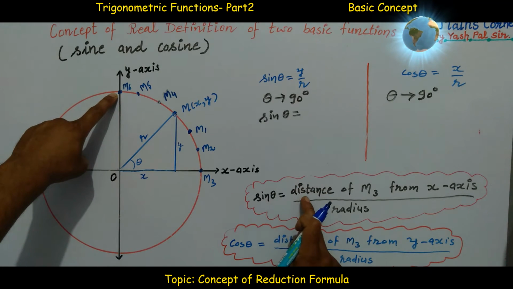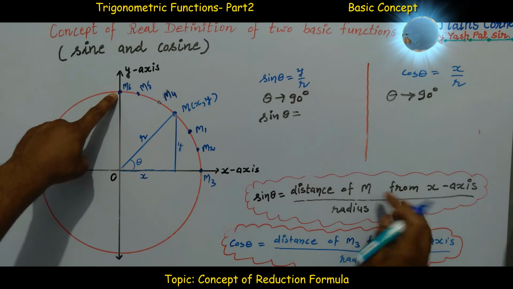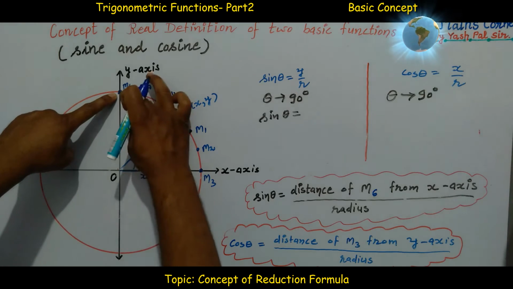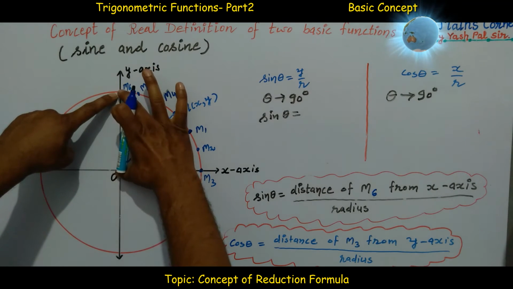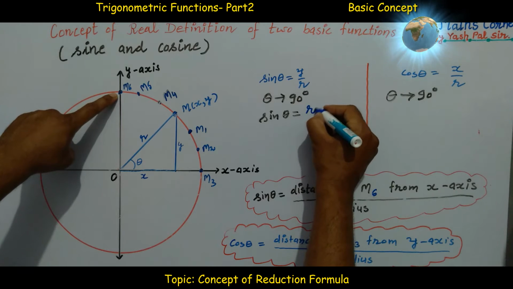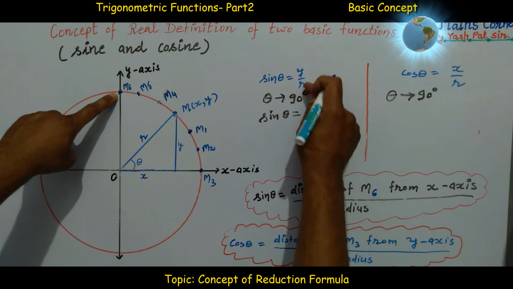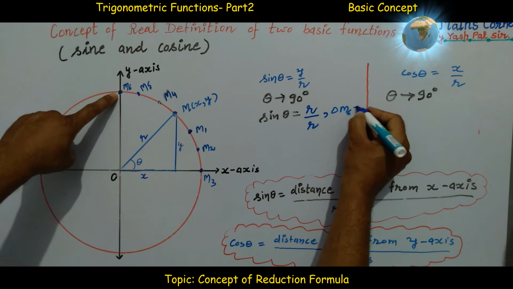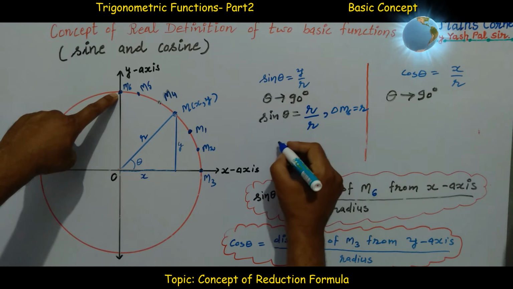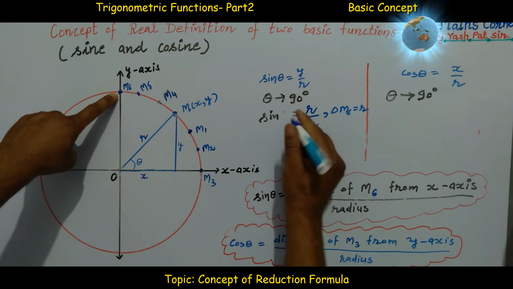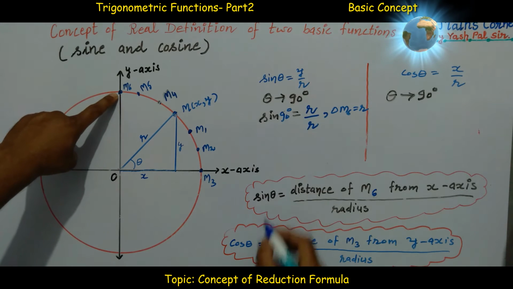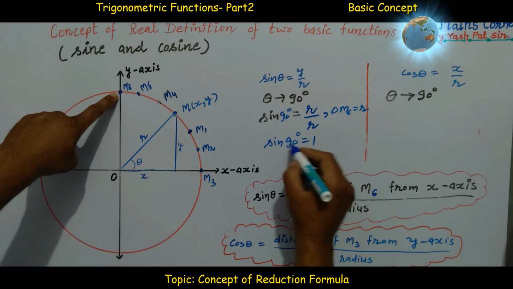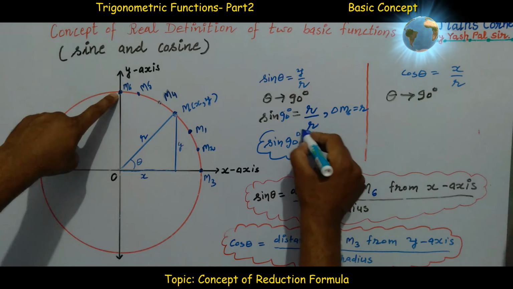Sine theta means distance of M6 from x-axis, divided by r, the radius of the circle, because OM6 is equal to r. So r upon r. We say here 90 degree. So sine 90 degree, r upon r is 1, so this is the value of sine 90 degree.